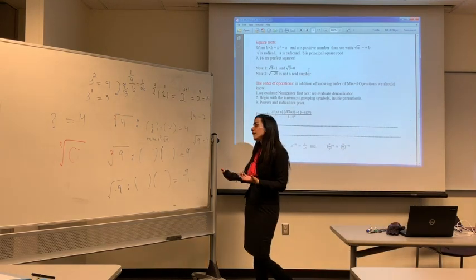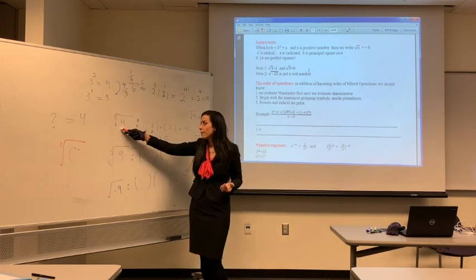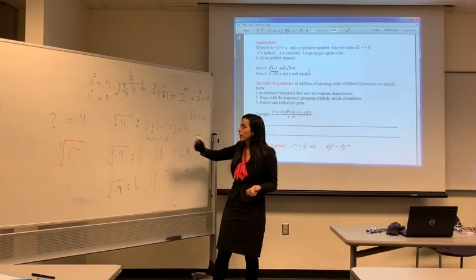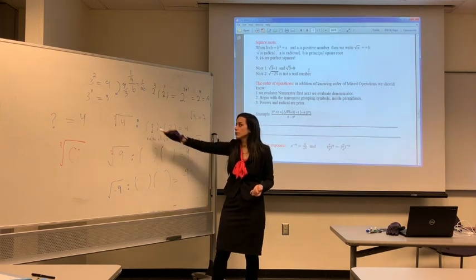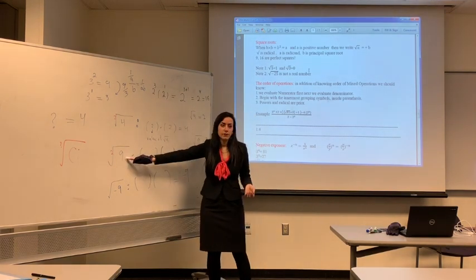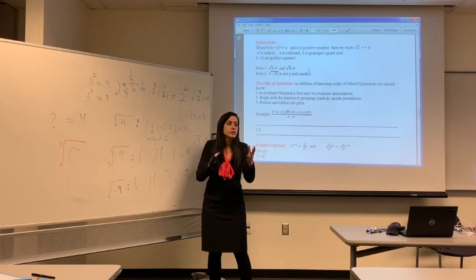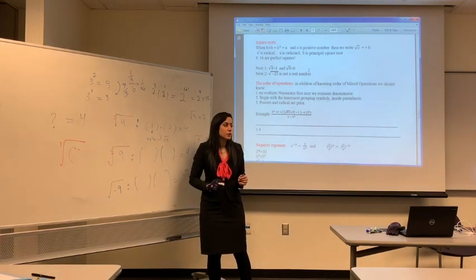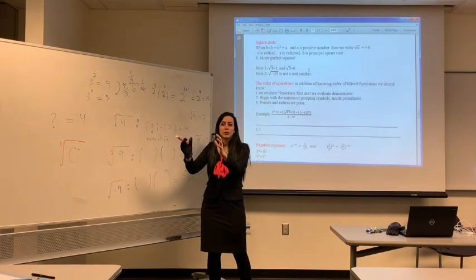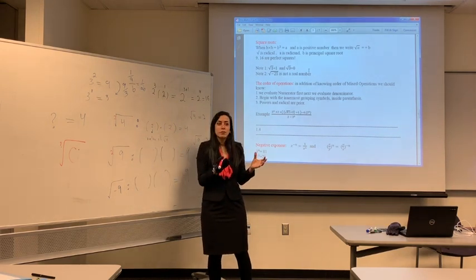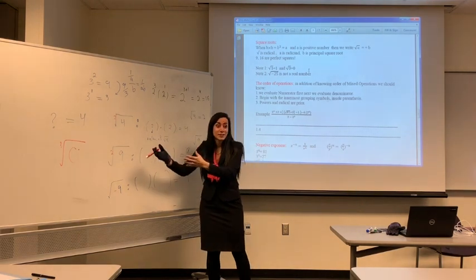So there are some perfect squares. This is a perfect square because the number multiplies itself and they are whole numbers. So 9 is also a perfect square, 3 multiplied 3. 16 is a perfect square because there was a number multiplied to itself that gave you 16. Do you remember what was that number? 4. 4 multiplied 4 gives you 16.